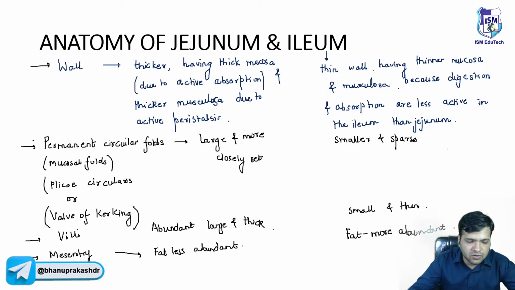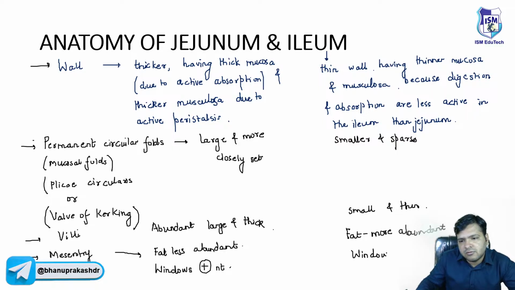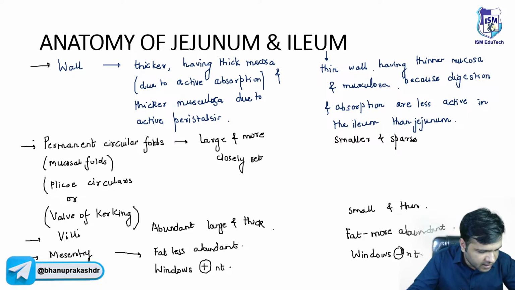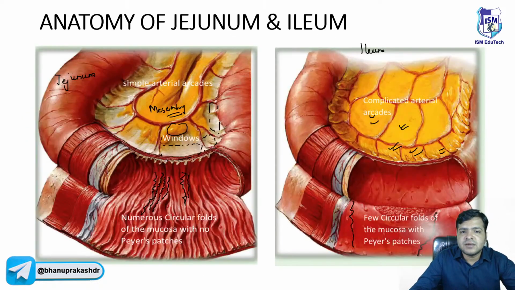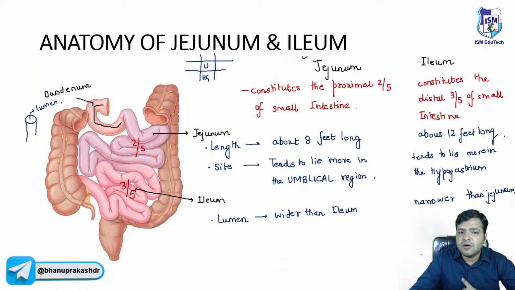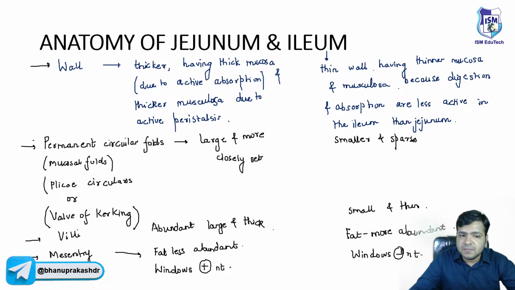So remember in the jejunum, the windows will be present, and over here the windows are absent. So we have already discussed the differences on the basis of length, site, lumen, wall, permanent circular folds, villi, mesentery.